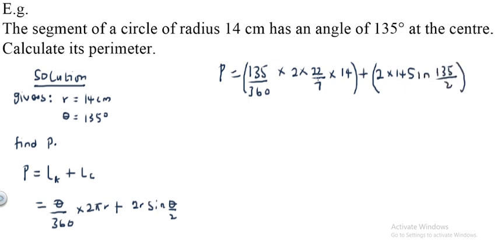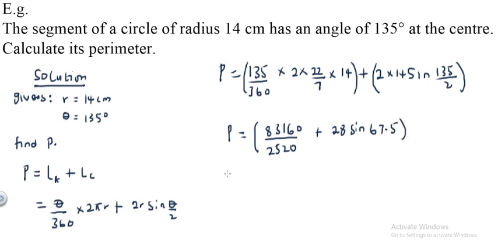If I multiply all the numerators here, I'll have perimeter equal to 83,160 divided by 2,520, plus 2 times 14 for the chord, which is 28 sine 135 over 2. 135 divided by 2 is 67.5, so this angle is 67.5.